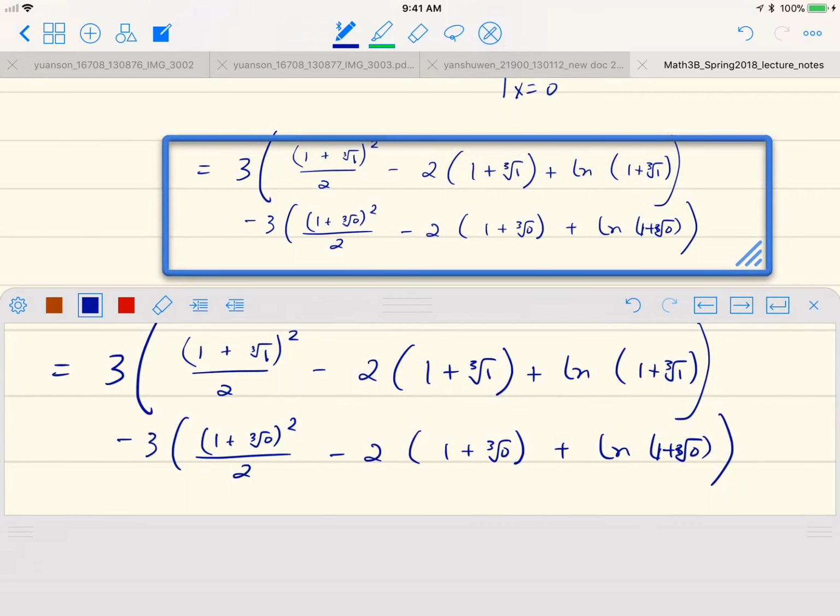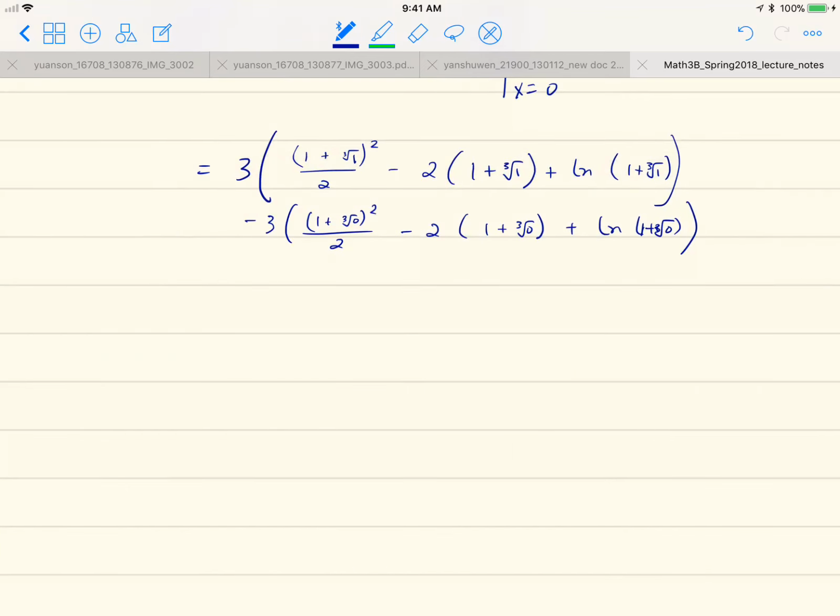Okay. Now the cube root of 1 is just 1. So we'll just have 1 plus 1, so that'll be 2. 2 squared over 2, minus 2 times 2 plus the natural log of 2, minus 3 times, should just be 1 over 2 minus 2 times 1 plus the natural log of 1. What is the natural log of 1?